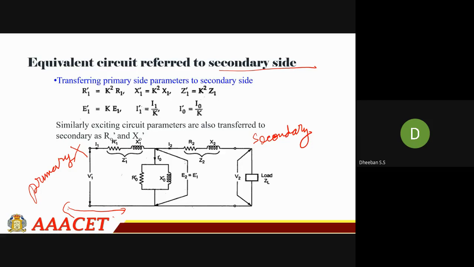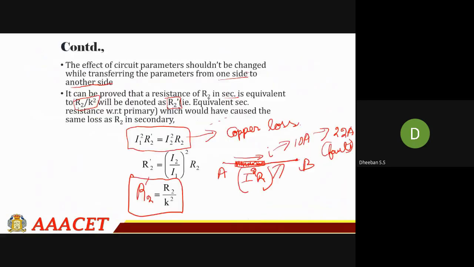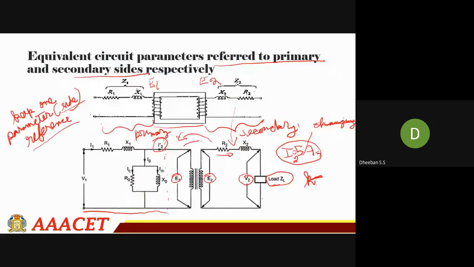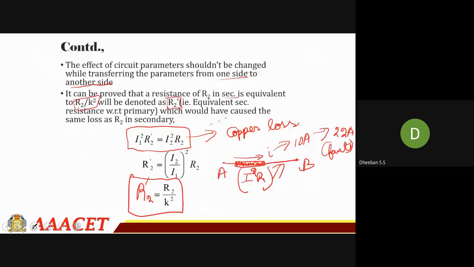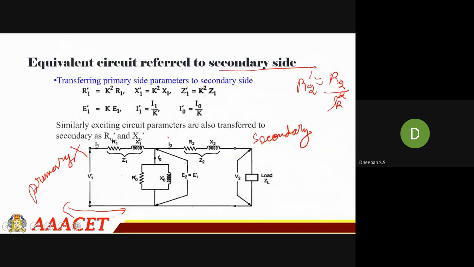Here you can see that with reference to the primary, R2 dash equals R2 by K square, right? But over here, if you are converting from primary to secondary, this is the total equivalent circuit, and your R1 dash will be equal to K square into R1.